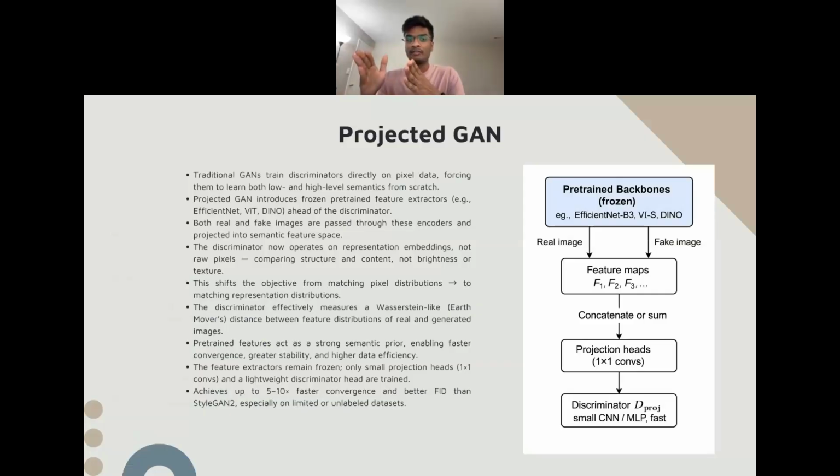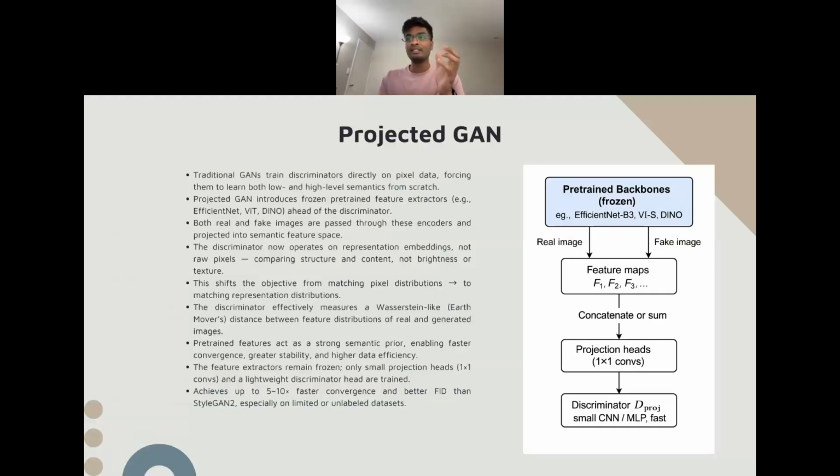There are two major effects that come with this. First, it shifts the objective from matching pixel-level distributions to matching representation distributions. What I'm trying to say is that it matches the semantic structures better.